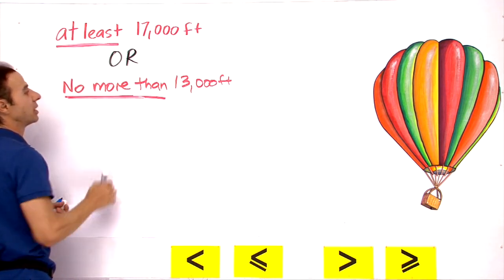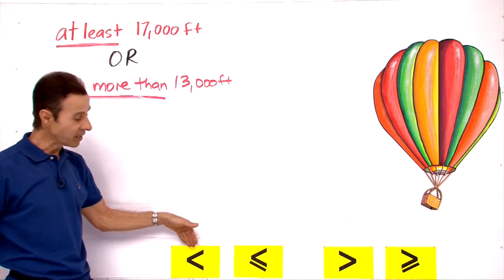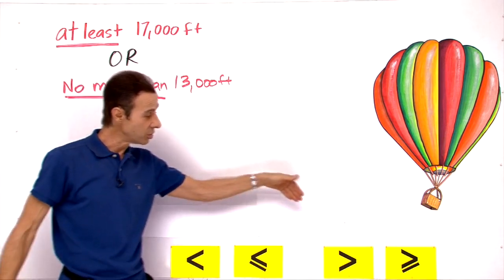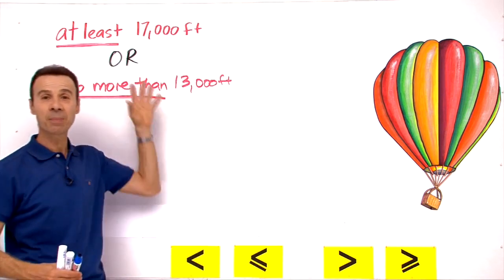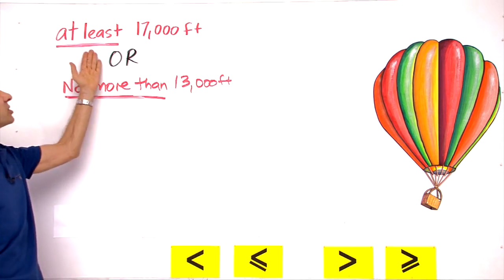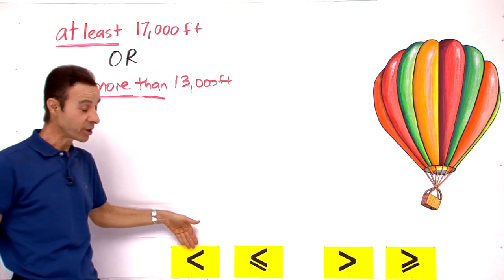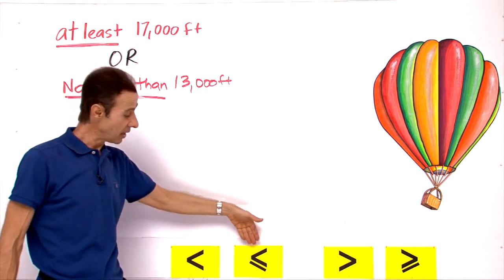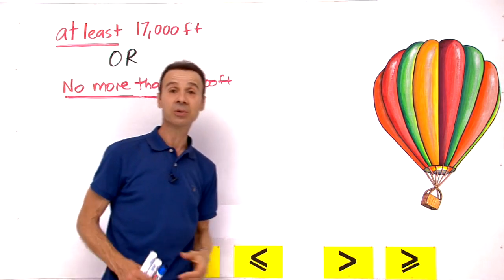So let's have a look at the inequality symbols we have down here in yellow. So we've got the less than or equal to, greater than or equal to. So which of the phrases up here match up with these symbols? At least, which symbol matches up with at least? Is it less than or equal to, greater than or equal to?